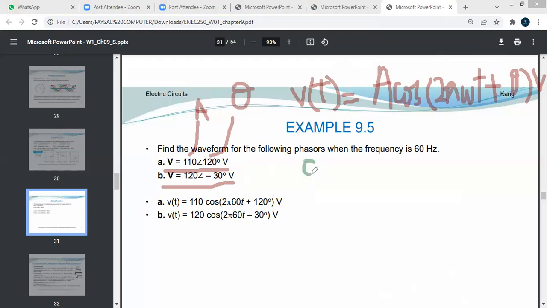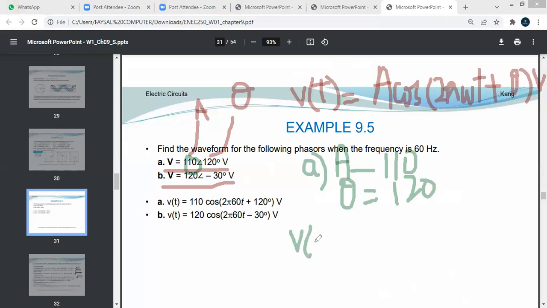Now I am doing the solution for part number A. In part number A, I have given the V value, and for V there are two parts. A equals 110, and phase difference equals 120. So this will be equal to V(t), my velocity which changes with time, also known as my instantaneous velocity.